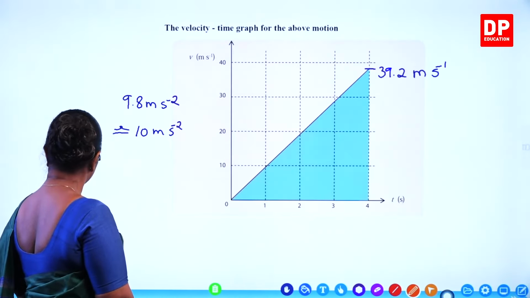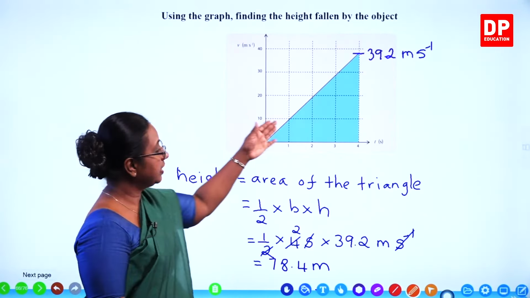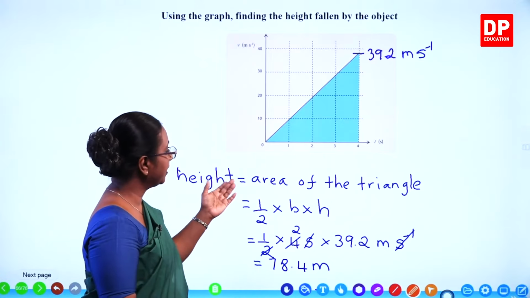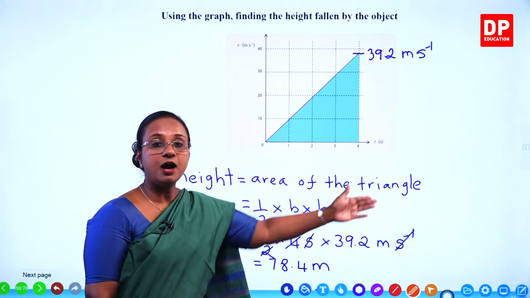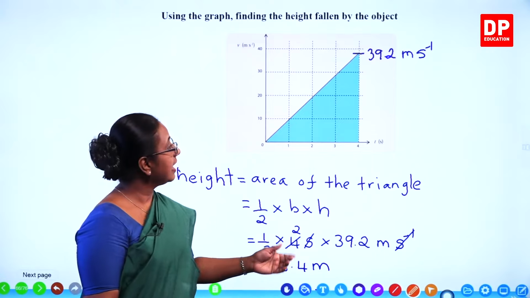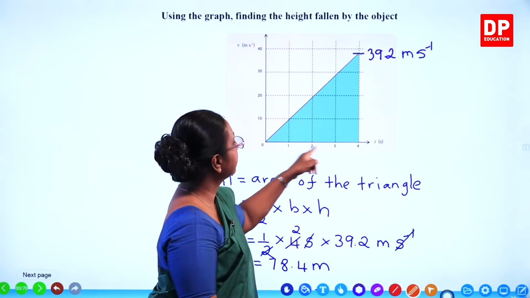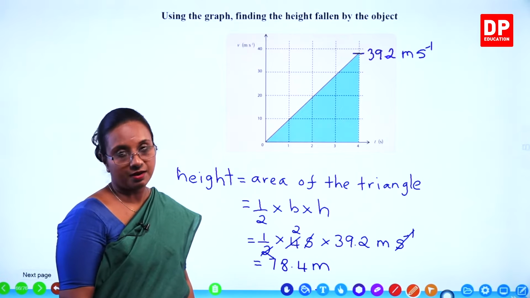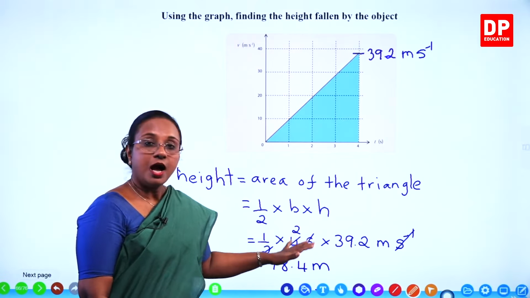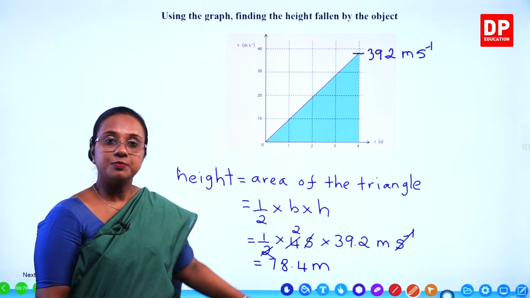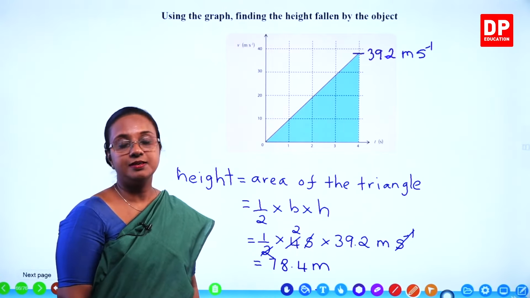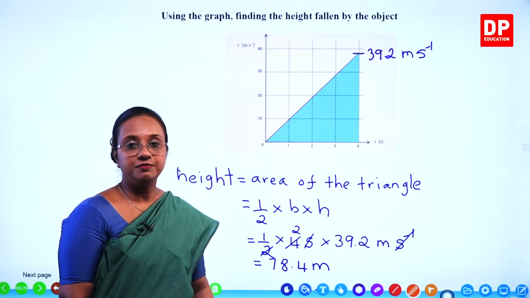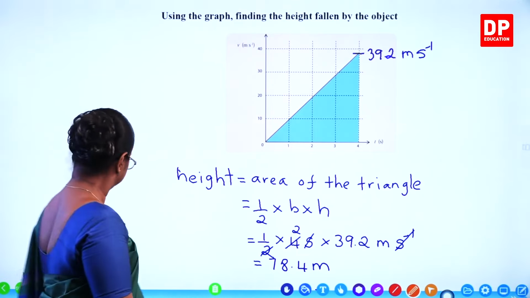But if we have the graph, then we use this equation where we calculate the area of the triangle, that is the area under the curve of a velocity time graph. I hope you all understood up to this point. With this in mind, we will do a few examples.